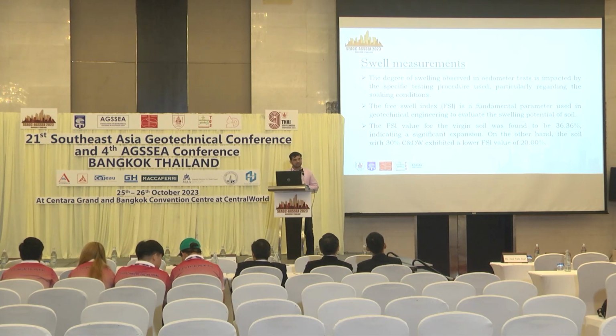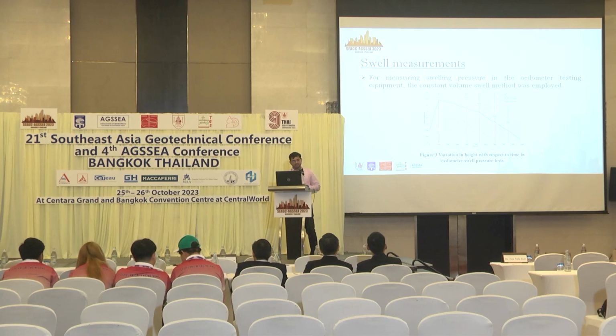For the swell measurement, I go for the free swell index, then the oedometer swelling pressure test, then the constant volume swell pressure test. For the free swell index, the virgin soil shows 36.36%, and the contaminated soil shows an FSI value of 20%. This graph shows the swelling pressure in the oedometer testing.